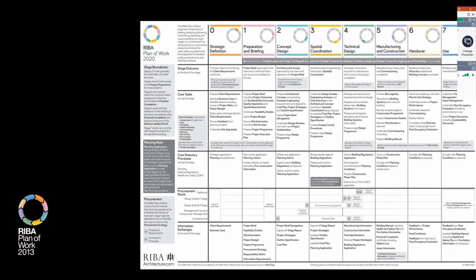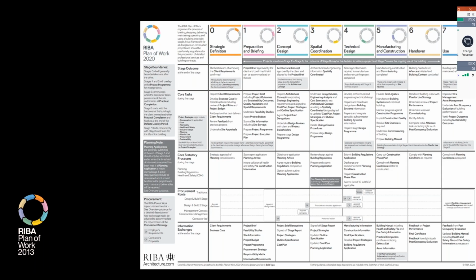Yes, I suppose there's two ways that you can look at demolition. A demolition could be the end of stage 7, obviously long after a building's been completed, and that could be a standalone project in its own right. So you could run through the demolition of a building through stage 0, 1, 2, 3, 4, and so on.